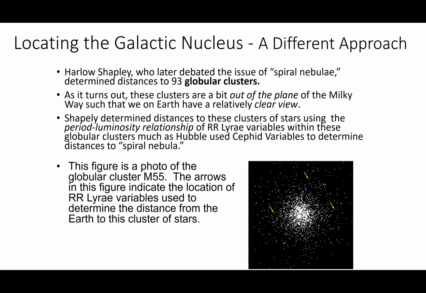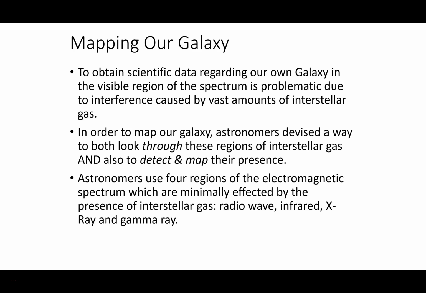Shapley used globular clusters, and we now know that globular clusters hover around the center of our galaxy, a supermassive black hole. So globular clusters are a way to locate the center of our galaxy.